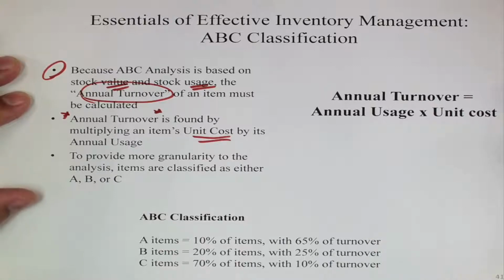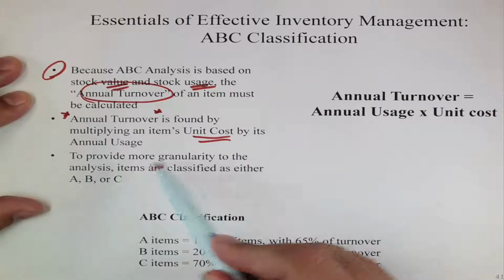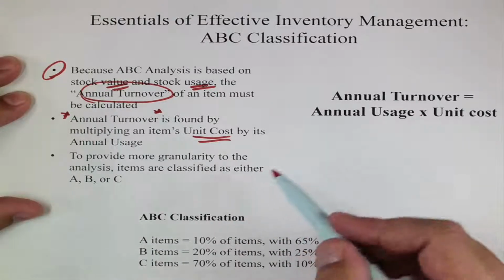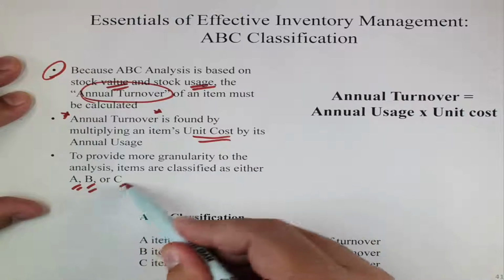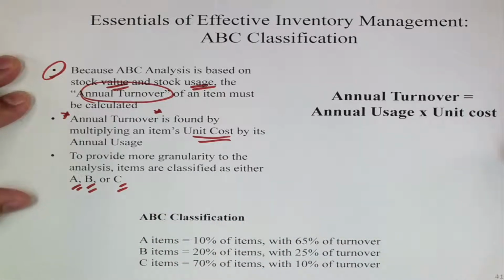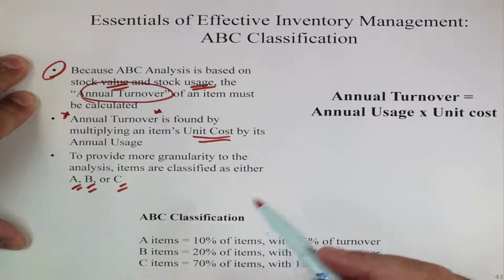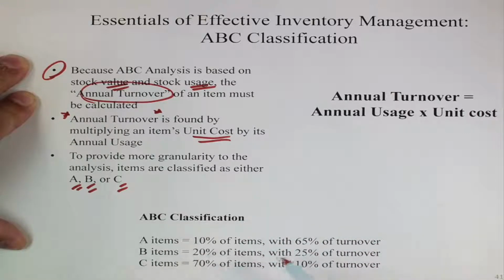Now, to provide more granularity to our analysis, and this is where the ABC terminology comes in, items are classified as either A, B, or C. A being the highest combination of value and usage, B being in the middle, and C being the lowest turnover in terms of value and stock usage. Under that ABC classification, what is normally being said is that for A items, 10% of our total items, our total SKUs, are going to represent 65% of the turnover.